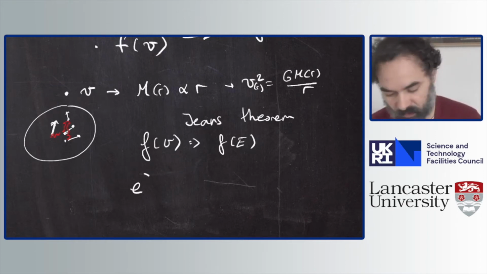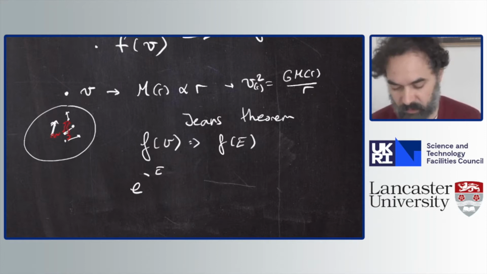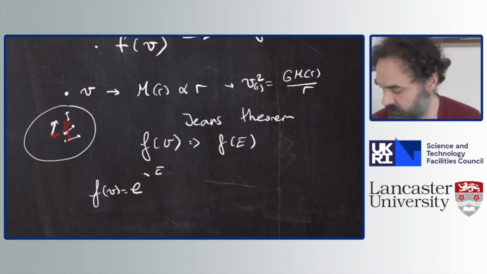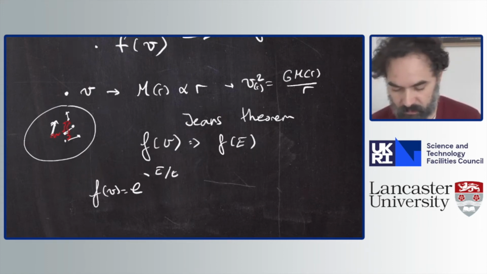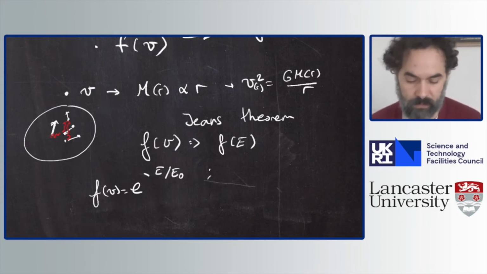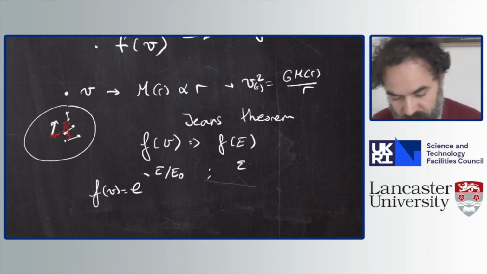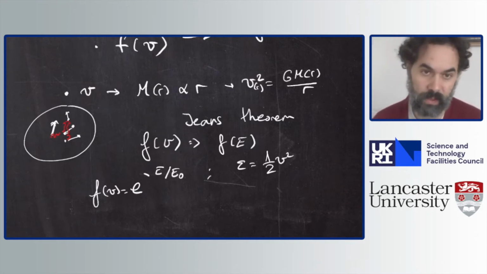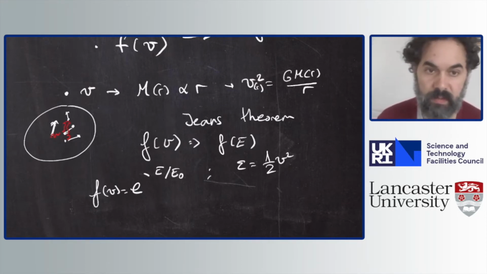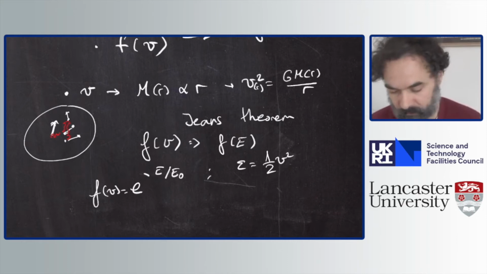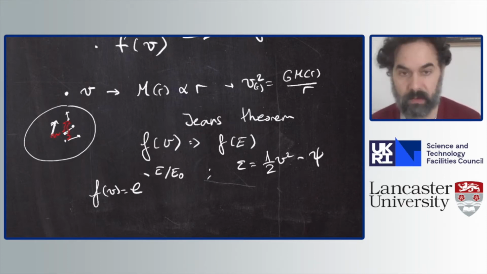Let's try it also here. Let's try that the distribution function as a function of velocity depends on the energy, and of course there should be some normalization factor. The energy of this configuration is the kinetic energy, let's say energy per unit mass of each of these particles of momentum p, plus the gravitational potential, phi.